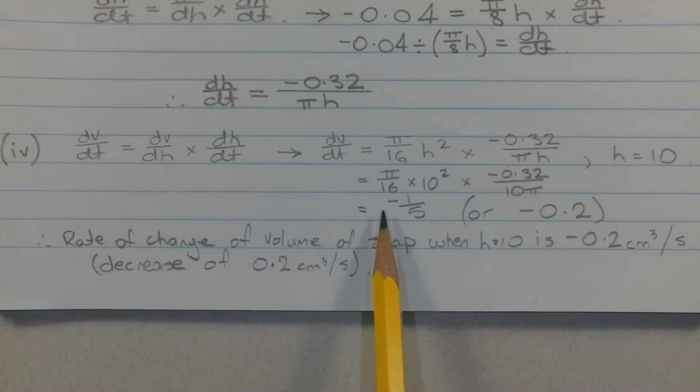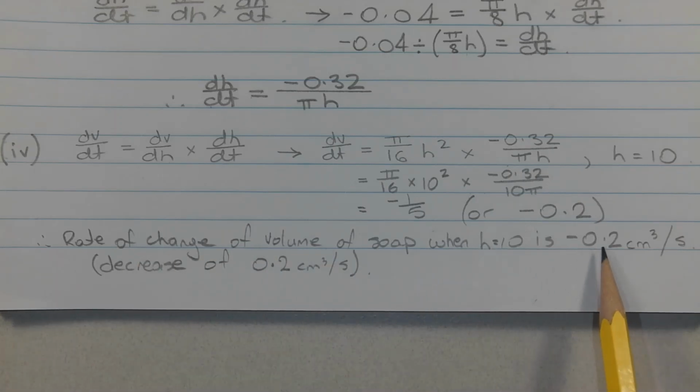That evaluates to negative 1 over 5 or negative 0.2. Therefore, the rate of change of volume of soap when h equals 10 is negative 0.2 cubic centimeters per second, which we interpret as a decrease of 0.2 cubic centimeters per second.